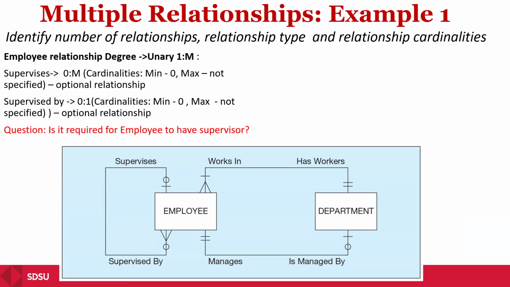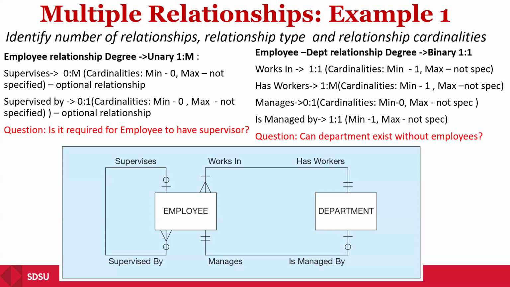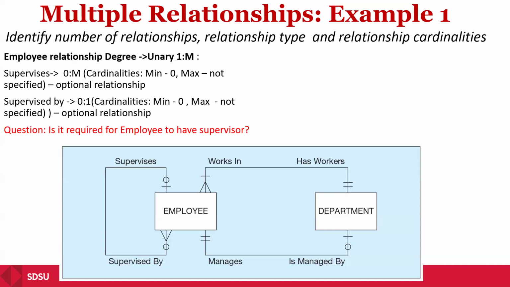Right. So we have the employee relationship degree here. Employee supervises multiple employees. For the supervises relationship, minimum cardinality is going to be 0 and max, we don't know how many employees each employee can supervise, so it's undefined, but it's many.